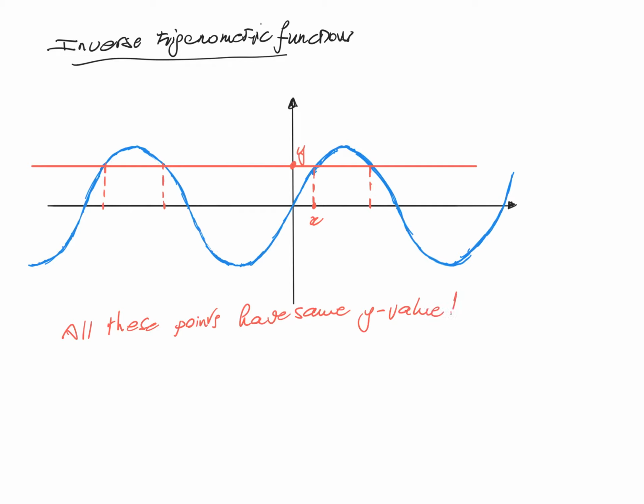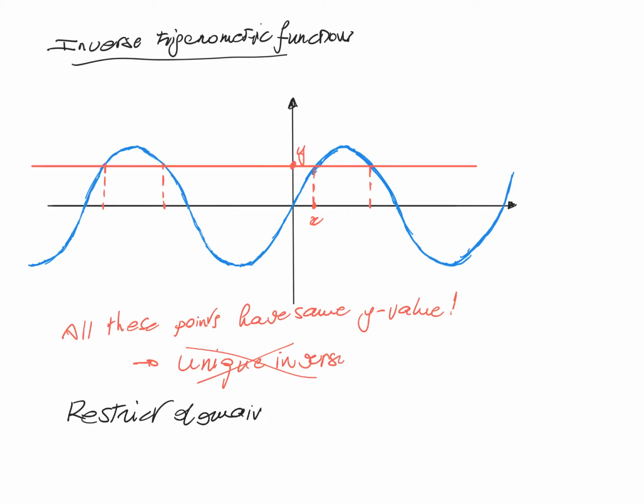So this means that we cannot determine a unique inverse. Therefore, we will have to restrict the domain in such a way that the inverse will become unique.